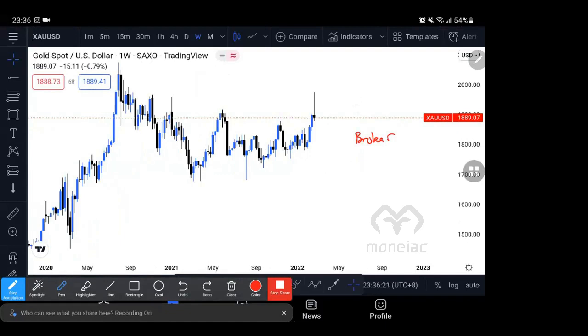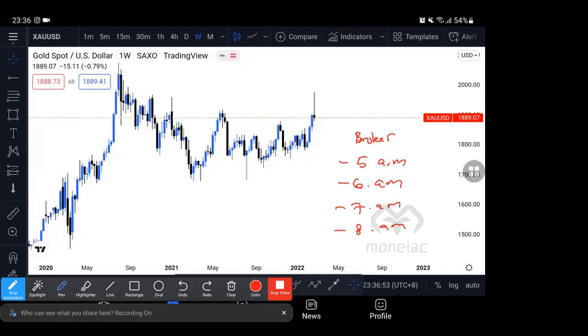In Malaysia, there are brokers opening at 5 a.m., 6 a.m., 7 a.m., and even 8 a.m. The different opening time creates a different H4 candle.